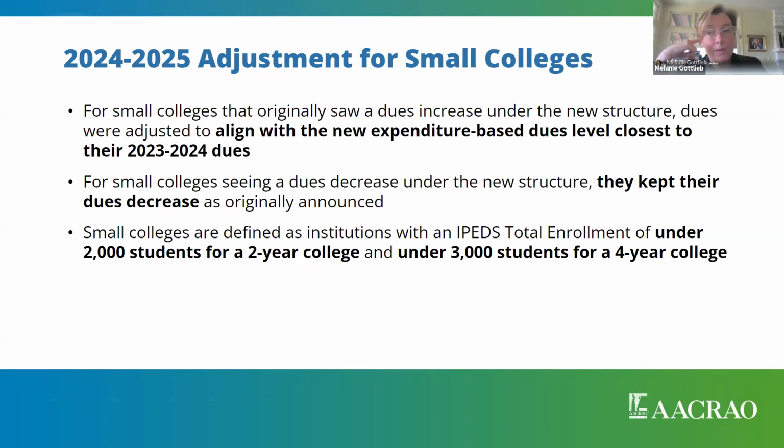So we wanted to ensure that the dues amount raised was as low as possible for the small colleges. Second, it allowed for any small college that was expected to see a decrease in dues under the new structure to keep that decrease. Third, it set a definition of small college for us to use, which is the definition we've always used, which is an enrollment of under 2,000 for a 2-year college or under 3,000 for a 4-year college.